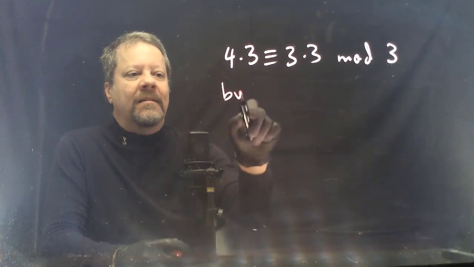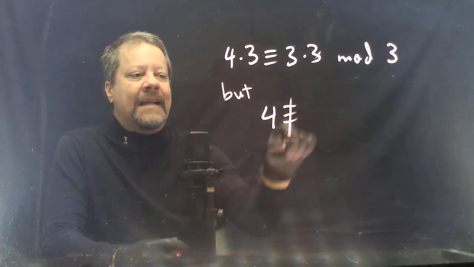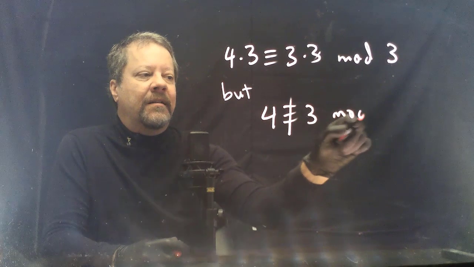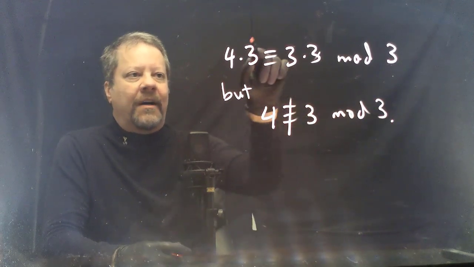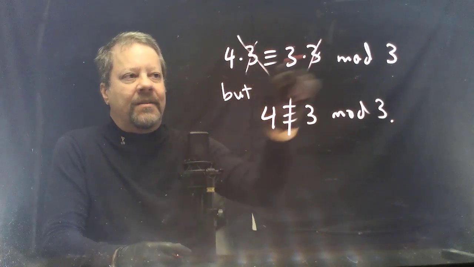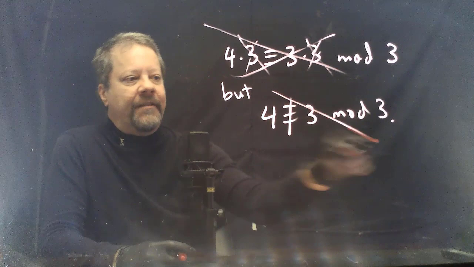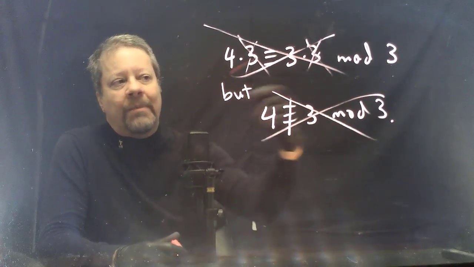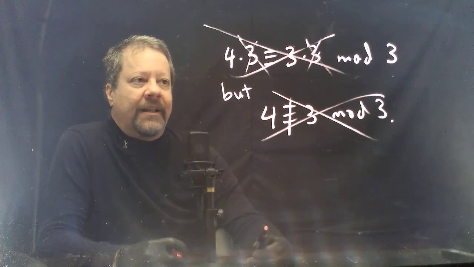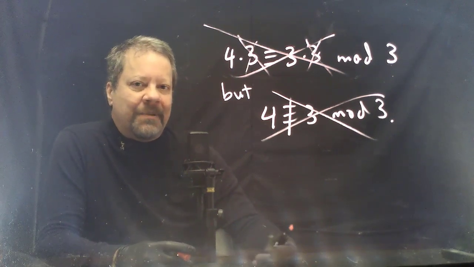But you cannot cancel the 3 off. 4 is not congruent to 3 mod 3. So you cannot cancel common factors off. This process doesn't lead to good results. So while you can multiply both sides by a common factor in a congruence, you can't cancel stuff off. So the cancellation principle is false.